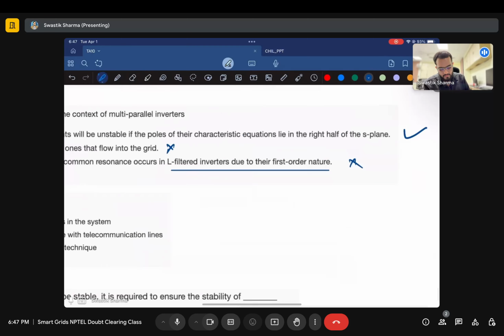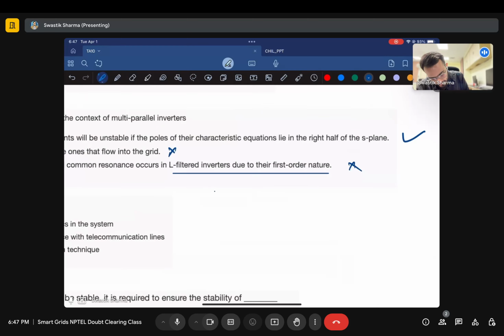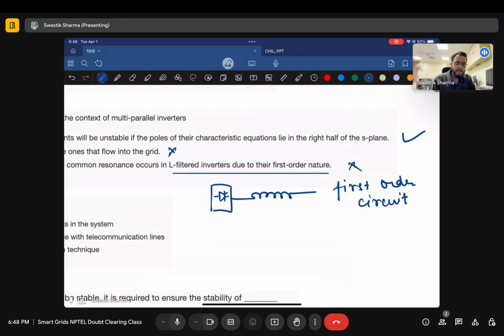So what it says is that the inverters are only, let's say this is an inverter, it is only connected across an L. Now what will happen is, this is a first order circuit, and if it is a first order circuit, the resonance needs to occur between two energy storage devices, right? Since it's only L filtered, the inductor only stores energy. So if it is supplying energy, it will just store, but it will never supply.